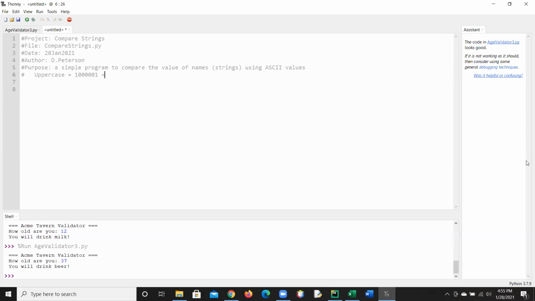So that is equal to, that's base 2, is equal to 65 base 10, which represents a capital letter A.